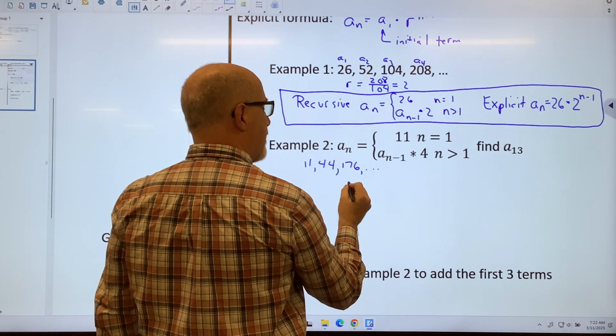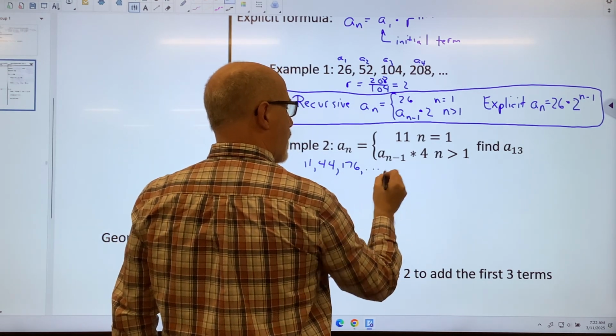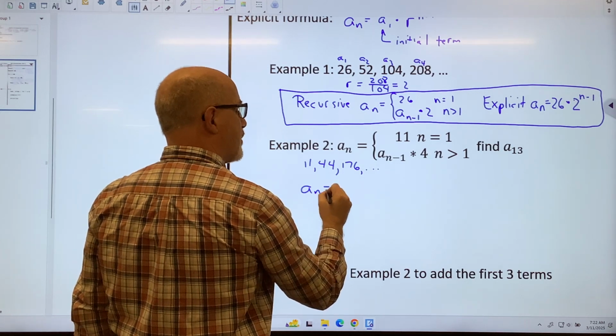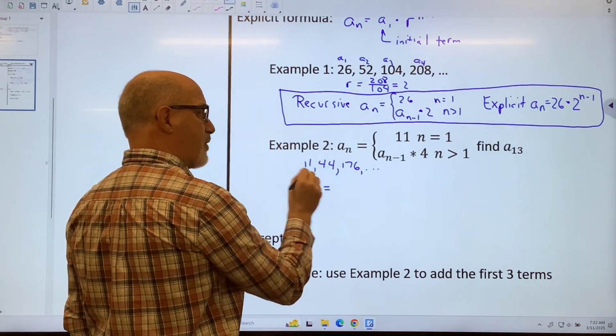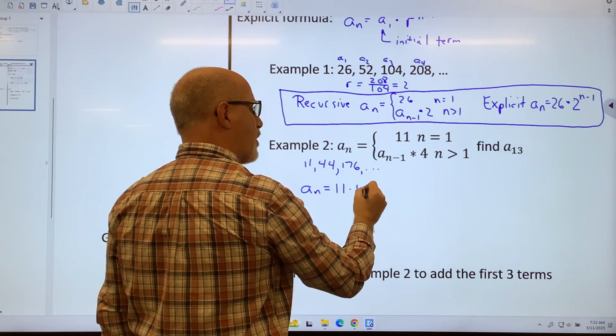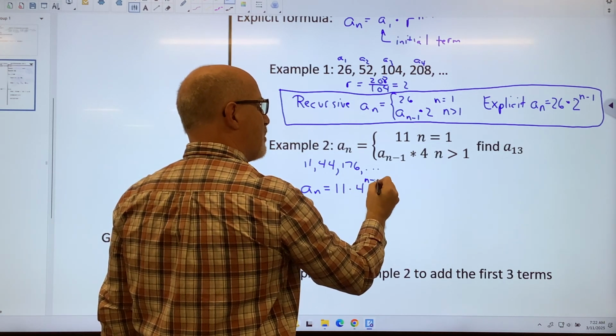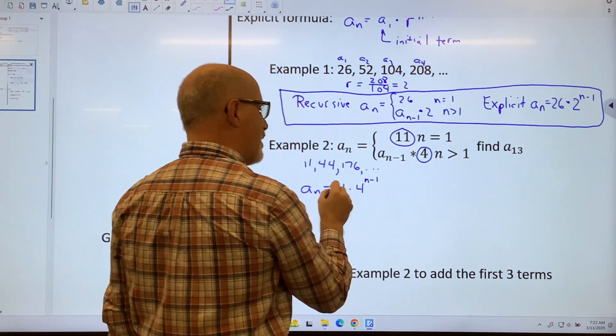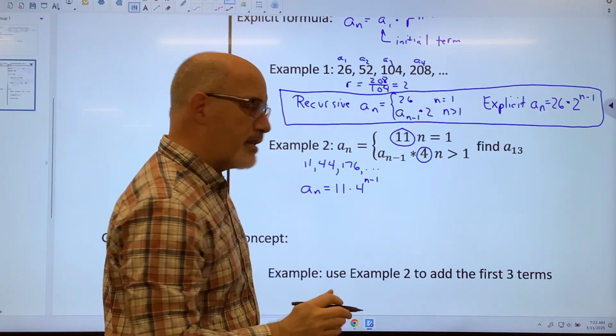So for this one, my common ratio is 4, so my explicit formula is the first term, 11, times the common ratio, 4, to the n minus 1 power. So I pull off this number and this number from it, and put it into my explicit formula.